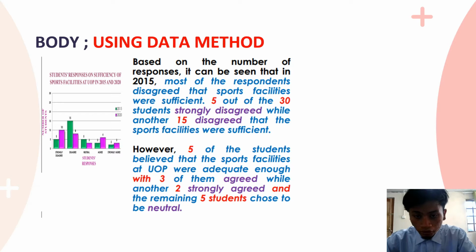However, 5 of the students believe that the sport facility at PUO was adequate enough, with 3 of them agreeing, while another 2 strongly agree, and the remaining 5 students choose to be neutral.